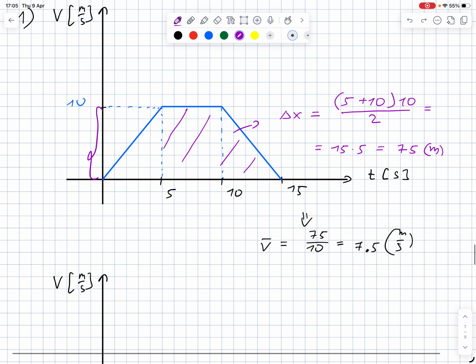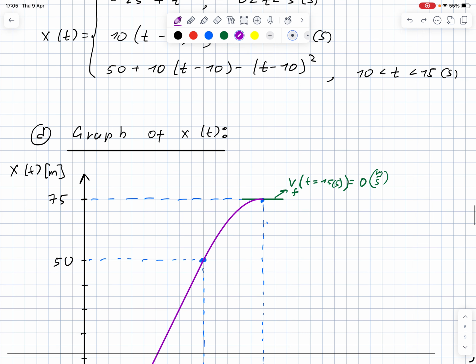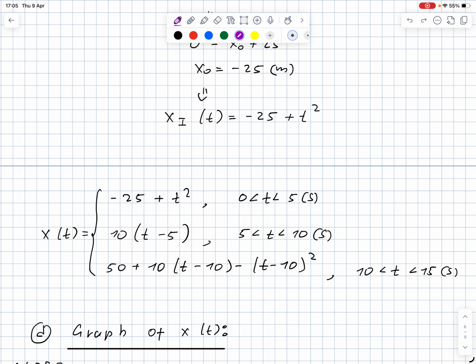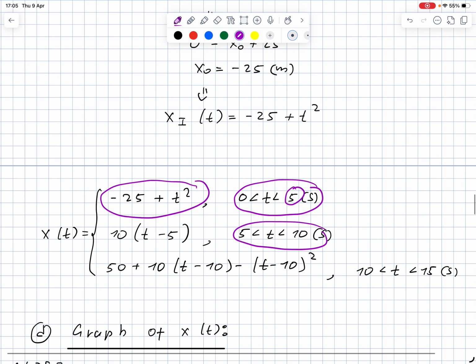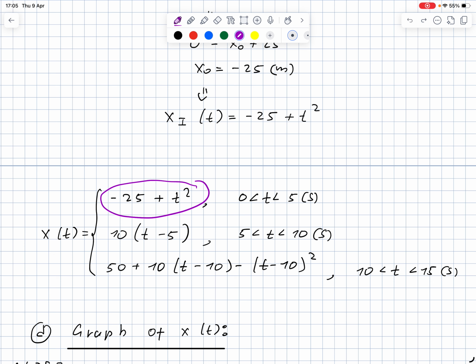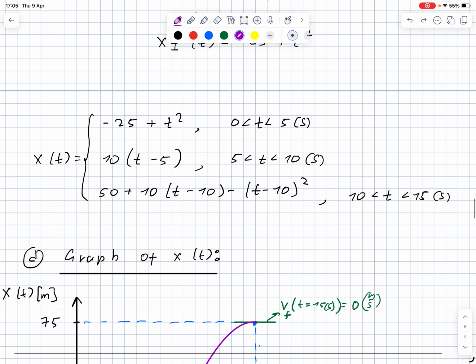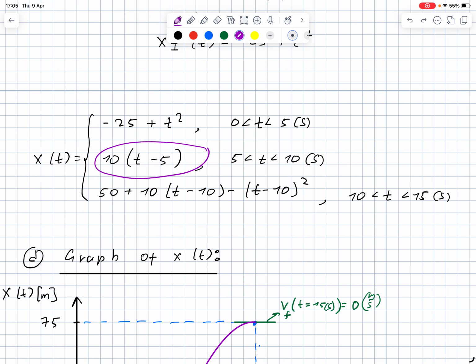Why do I use this expression? Because, let's go back, we saw that time of 5 seconds appears in the first interval and in the second interval, but I choose to use this one.